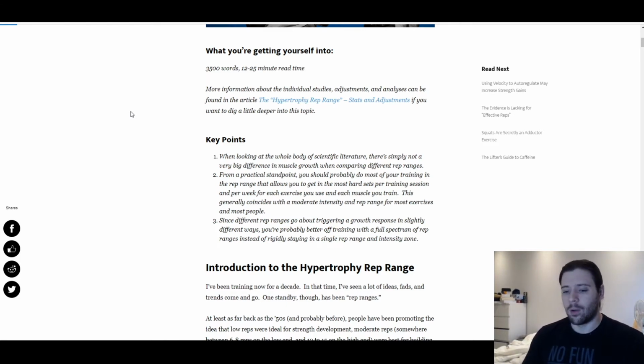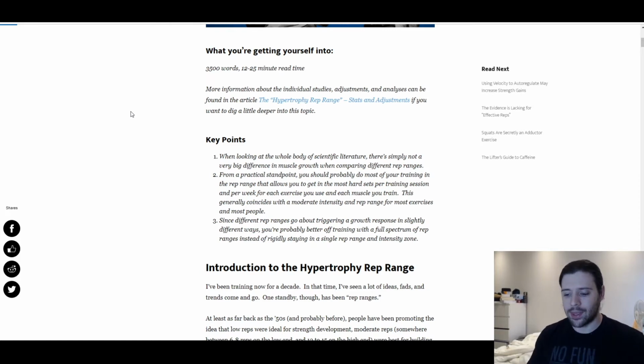So, once you've got all of that in mind, the question becomes, okay, what are the sets, the reps, what are the exact numbers, right? And that is what most people are looking for when they are asking, okay, how do I design a program? And this is the thing that I think we have been misled about.